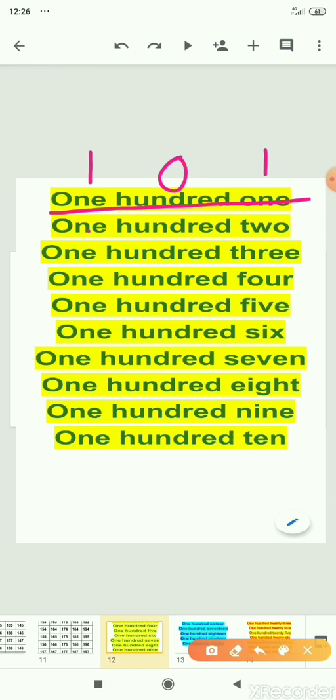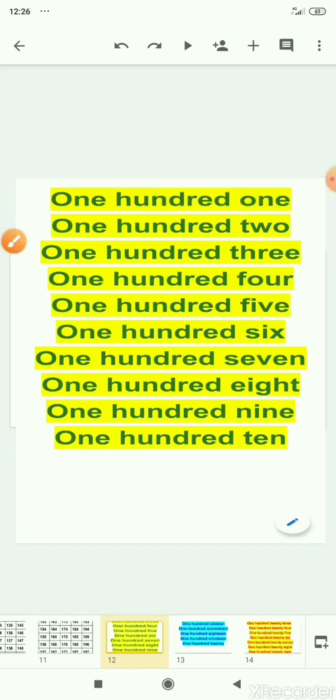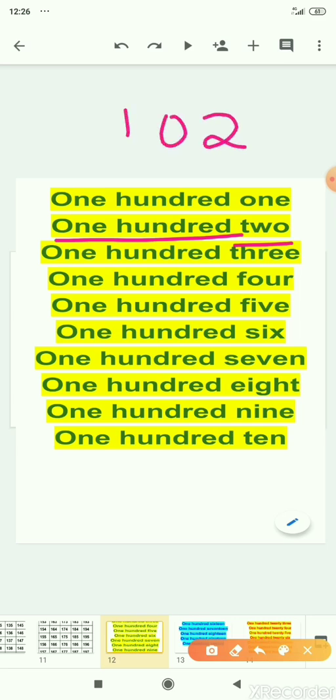Now what we have to do? We have to write HUNDRED again, then 2, because our next number is 102. So 102 we will write as HUNDRED TWO. Okay, 0 belongs to 100, 2 as usual 2, and 1 as usual 1.